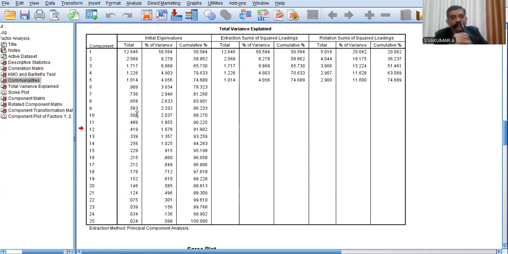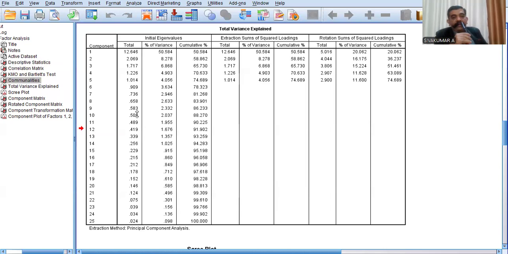Here, total variance explained. We have decided to take 5 factors. Then please see the total variance explained. That means please see the last column value, the cumulative percentage value. That is the total variance explained.